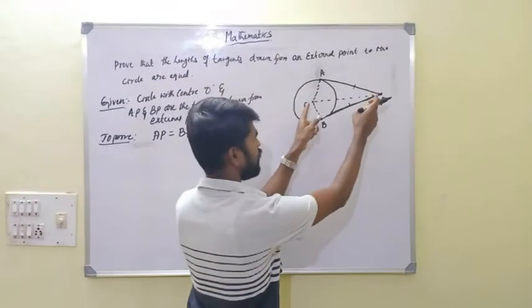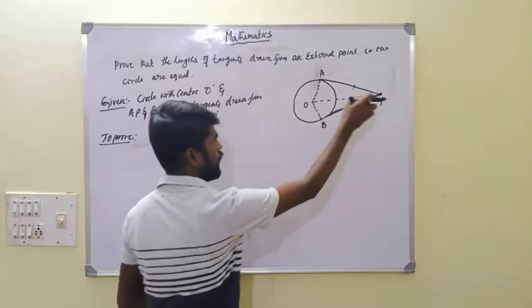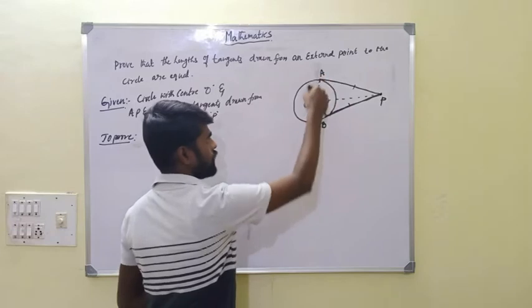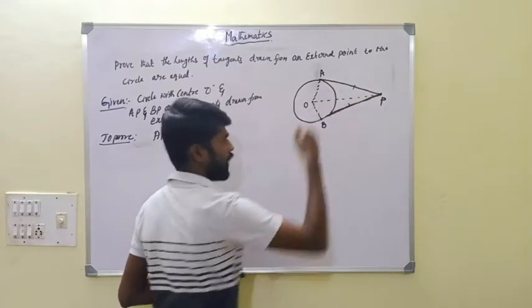This line segment OP divides AOBP into two triangles. One is triangle AOP, another one is triangle BOP.